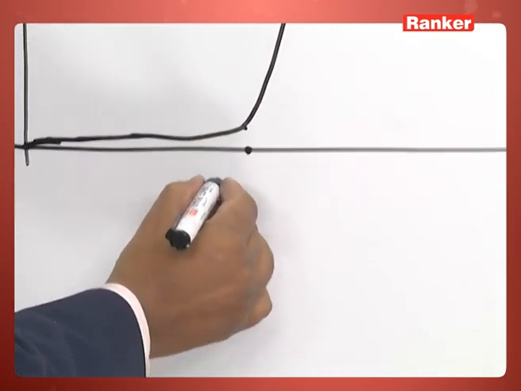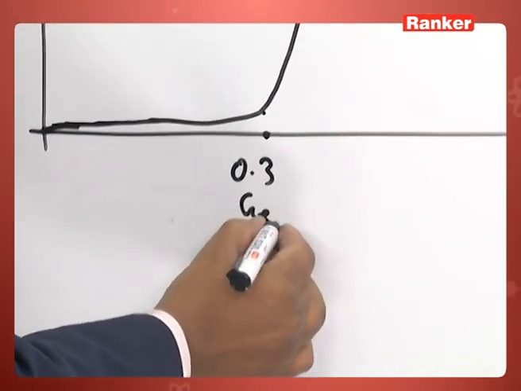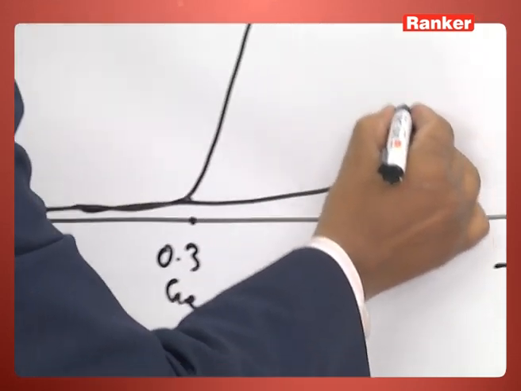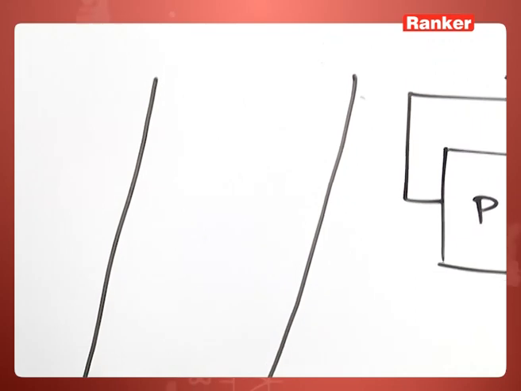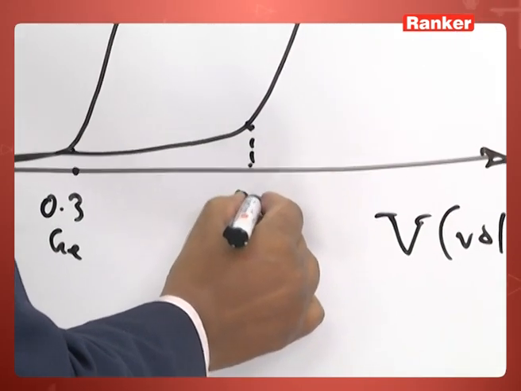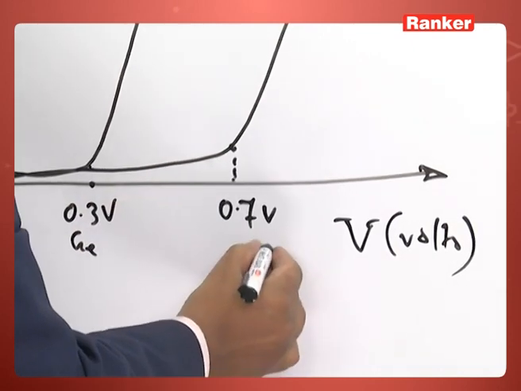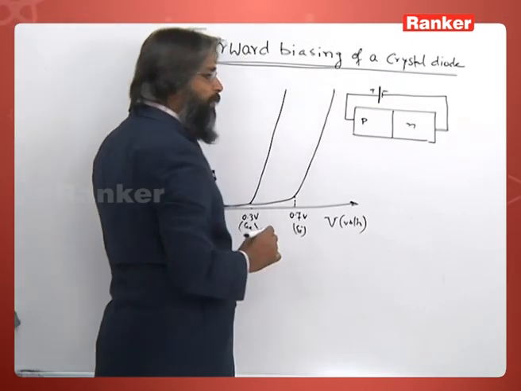This is 0.3 if it is germanium, and for silicon the graph is something like this, and this is 0.7 volts for Si. This is for germanium.